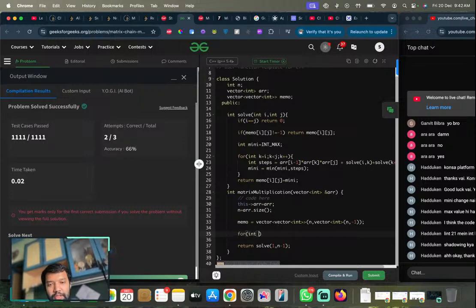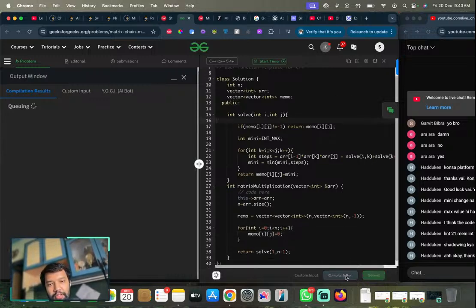For I equals 0, I smaller than n, I plus plus, memo of I, j is equal to 0. So we can now remove this. This should work.